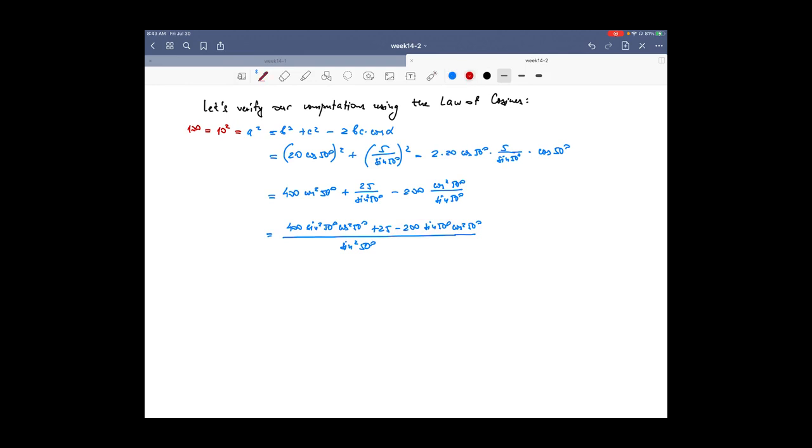There are different ideas. If I factor out 200 sine 50, what will I get? I will get 2 sine 50 degrees cosine squared 50 degrees minus cosine squared 50 degrees.